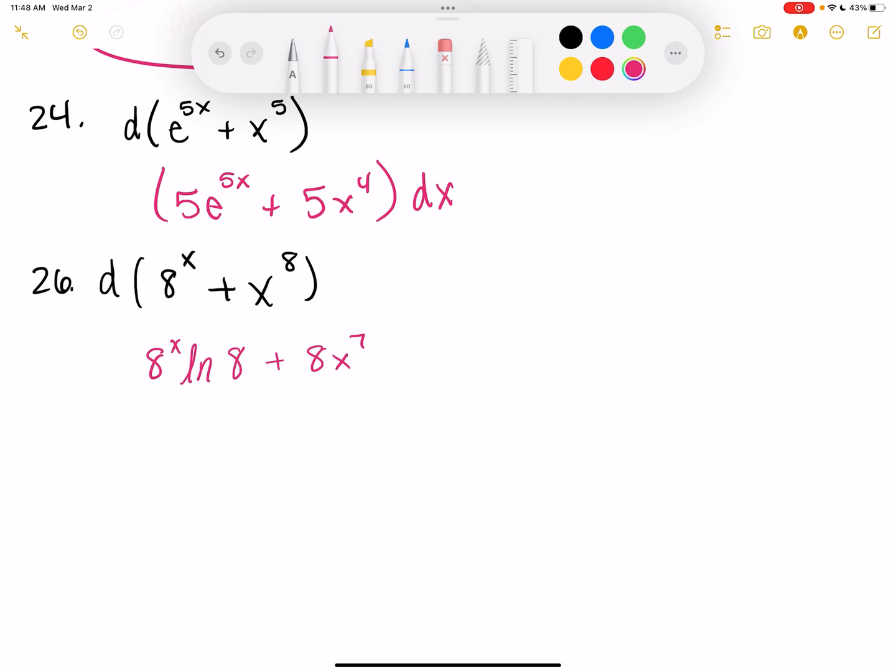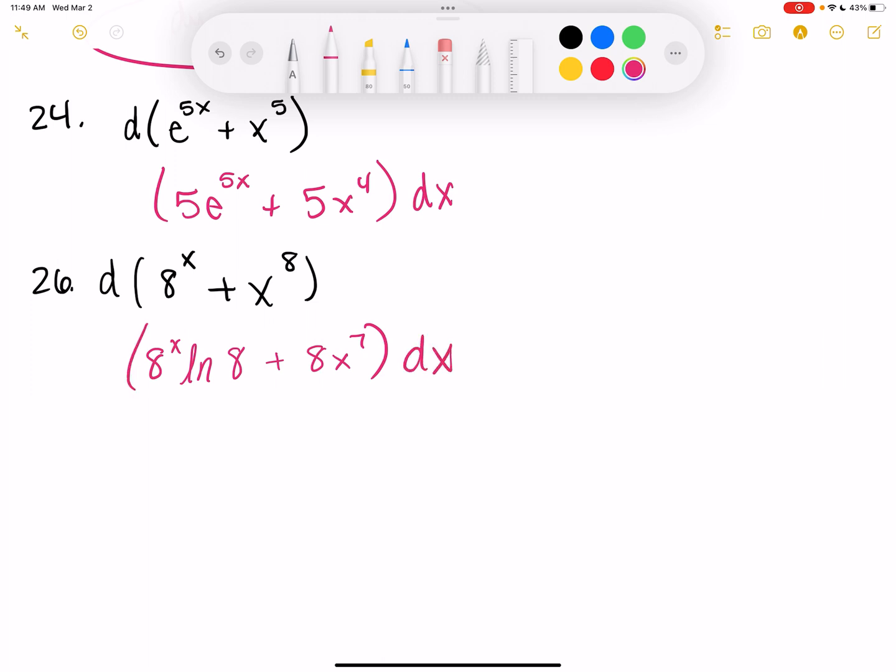And that's only if the number is raised to a power of a variable. Copy it down, take the ln of the number. If it was like a 2x up here, then obviously take the derivative of that too, chain rule wise. And then don't forget to put the parentheses around it and write the dx.